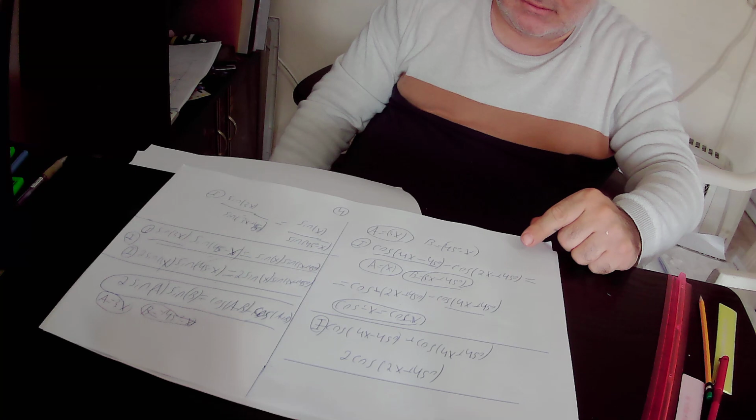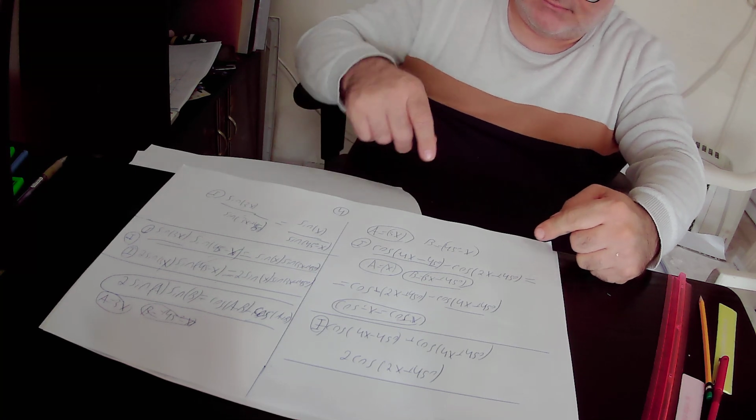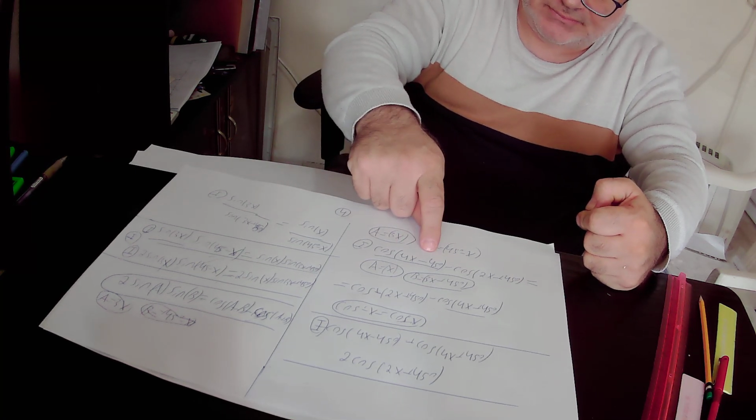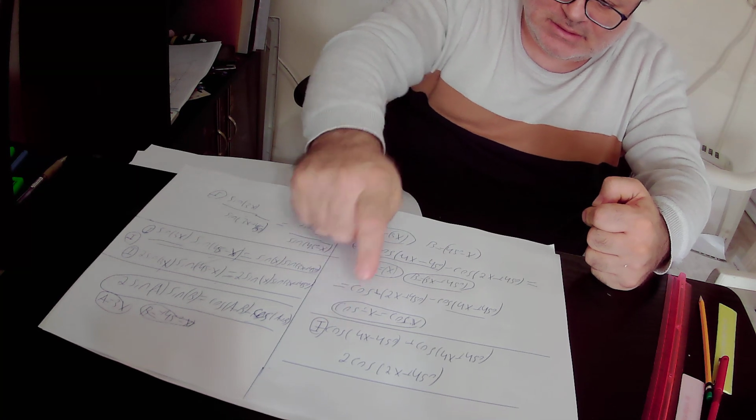Then here we have cosine 4x minus 45 degrees, so we put it here.